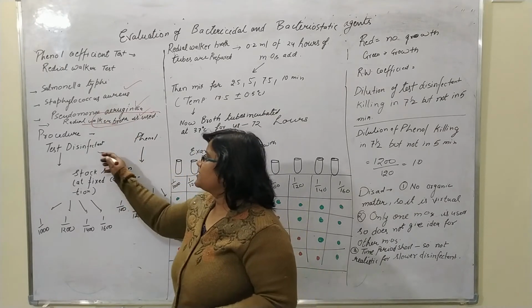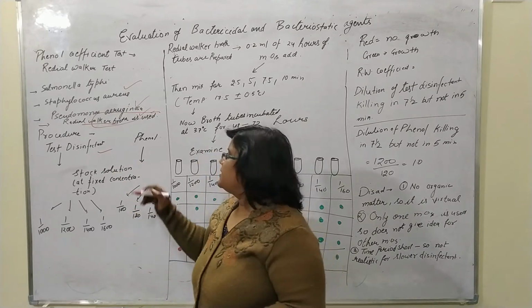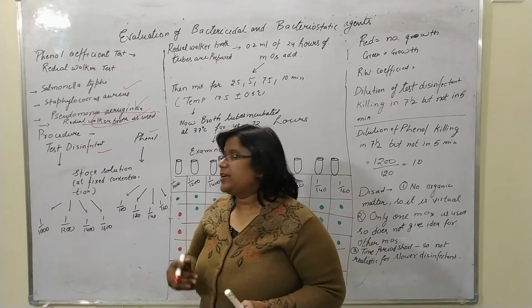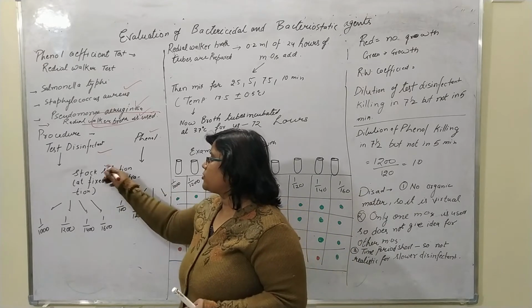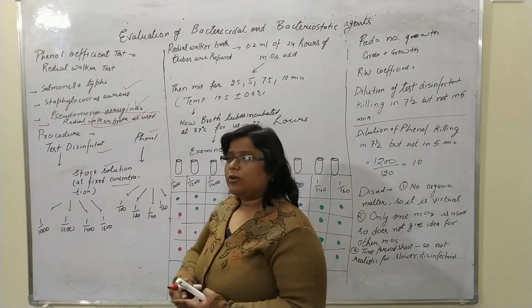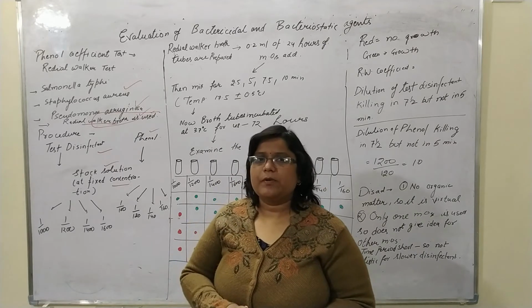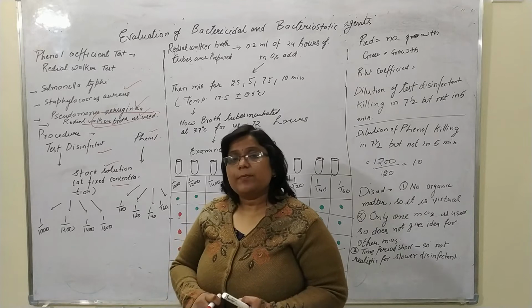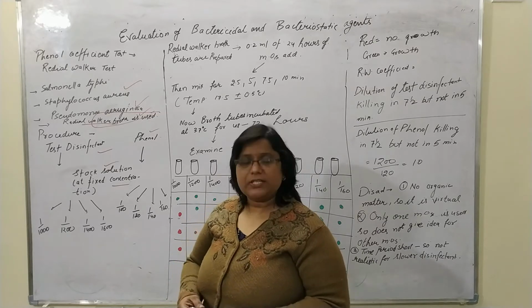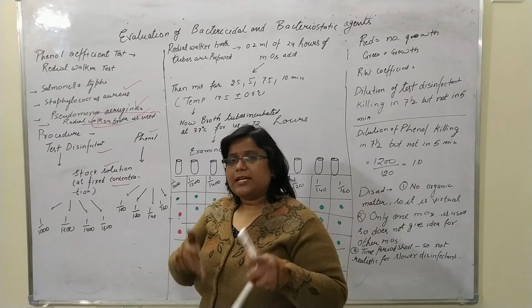In the procedure, first the test disinfectant is taken and the phenol is taken. For each, a stock solution is prepared at a fixed concentration. Suppose 10 ml of the disinfectant is dissolved in 1 liter of water; that is the stock solution.